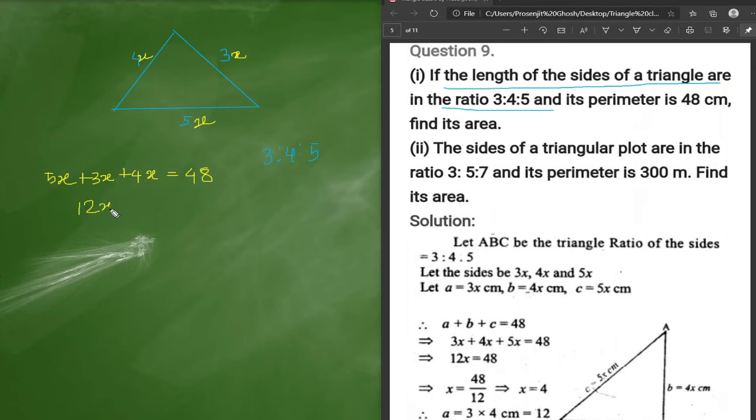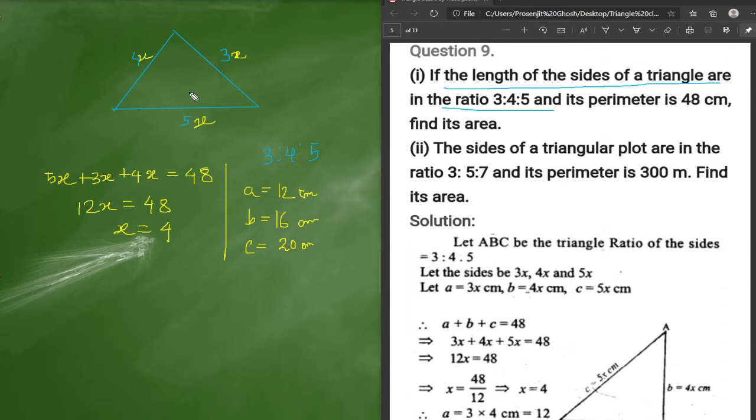By adding them together, you will get 12x. And finally, as you can predict, x will be 4. So with the common ratio 4, each side is 3 into 4, 12; then B is 4 into 4, 16; and C is 5 into 4, that is 20, all in centimeter. Don't forget to give the unit, those are most important.